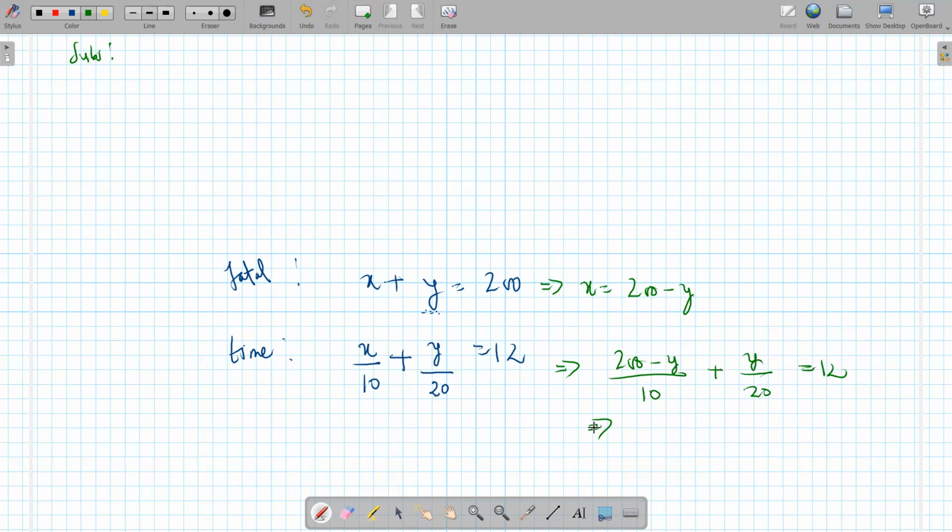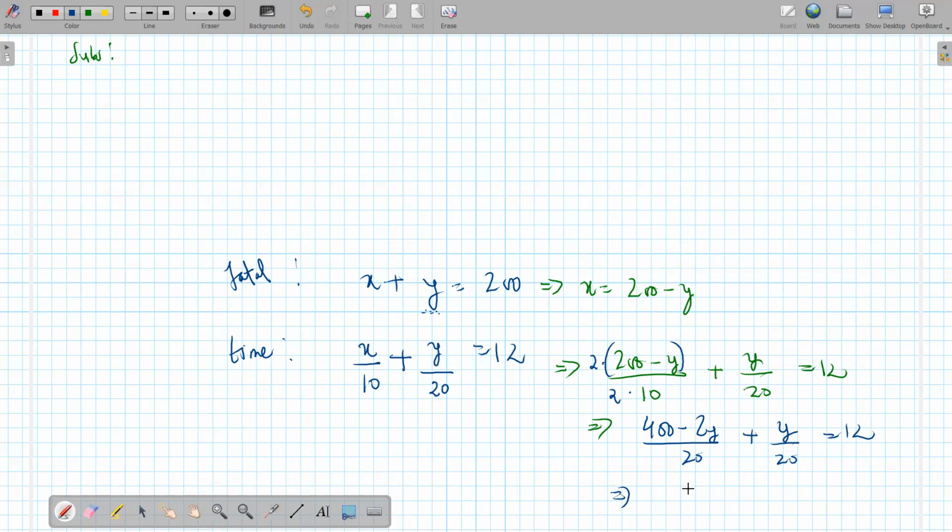What's the LCD between 10 and 20? 20, right? So don't touch the y over 20 term, but we need this to become a 20. So we're going to multiply this with a 2 on the bottom. And whenever you multiply it on the bottom, you have to multiply it on the top like that. So this becomes 400 minus 2y over 20 plus y over 20 is equal to 12.